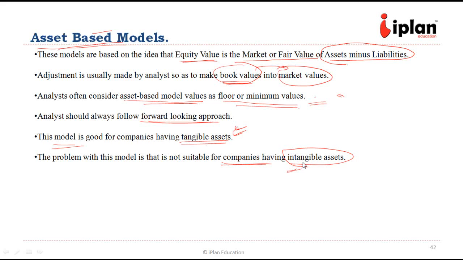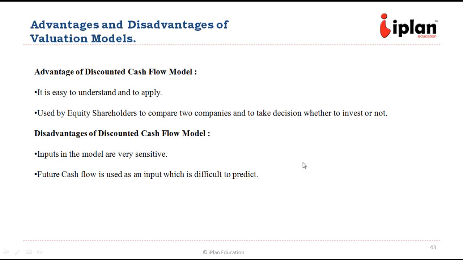Now let us look at the advantages and disadvantages of various models. For discounted cash flow models, the advantages are that they are easy to understand and to apply, and they are used by equity shareholders for comparison between two companies and to take a decision whether to invest or not. And the disadvantage of discounted cash flow models is that they are very sensitive.